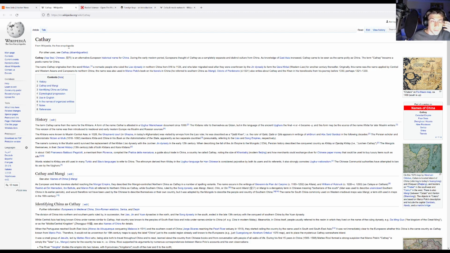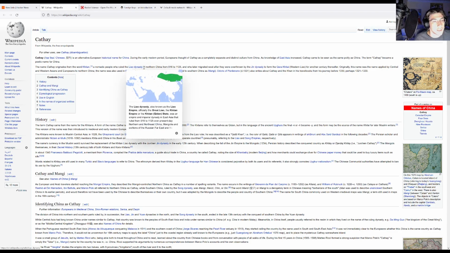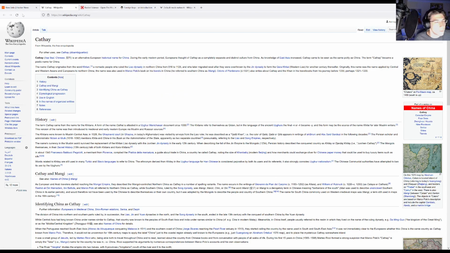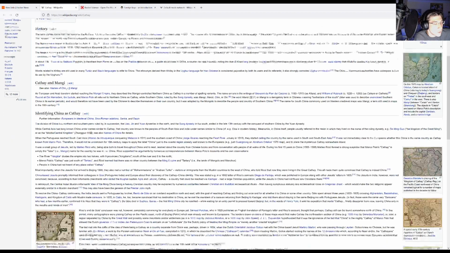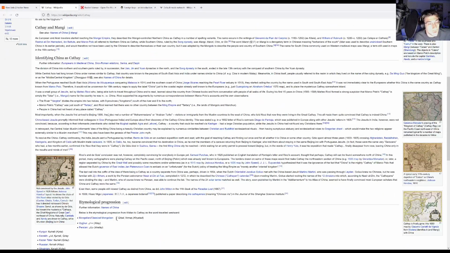It originates from the word Khitan, a nomadic people who ruled the Liao dynasty in northern China. Wow, that's so cool. There's a lot of cool ancient culture and history in China. It's definitely worth spending some time to explore the stories, because it's a very unique setting.